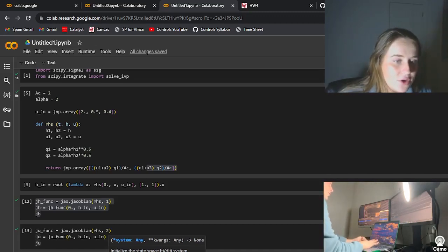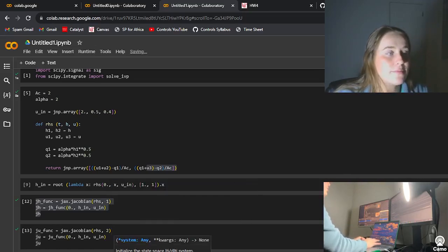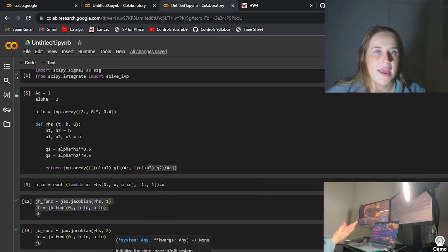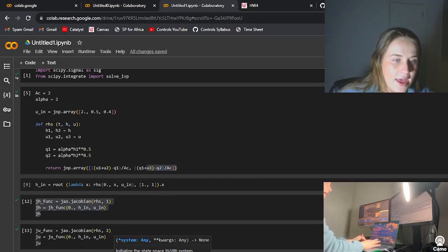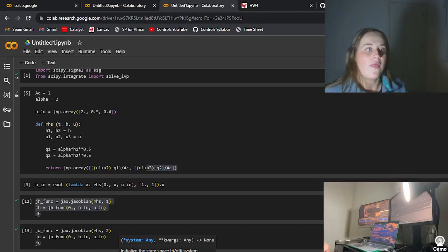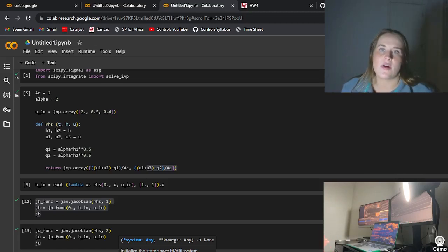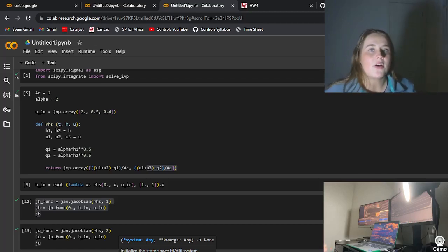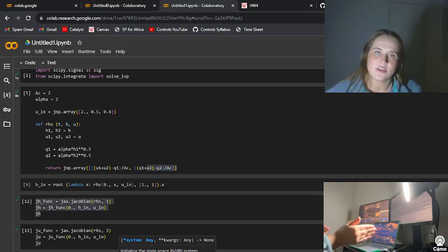And then we have our JU, which was our Jacobian in terms of the flow rate U. And then we have our first array that I had made in the previous portion, the 0 that canceled out H1 and the 1 that isolated H2.